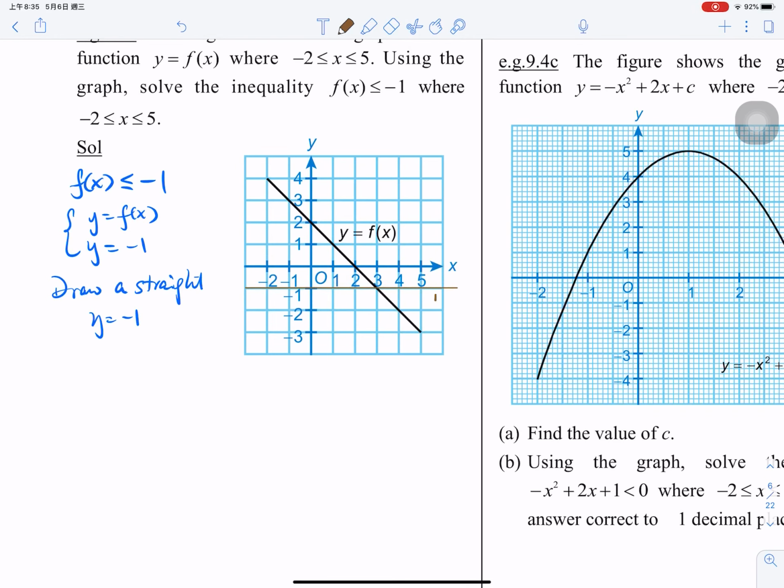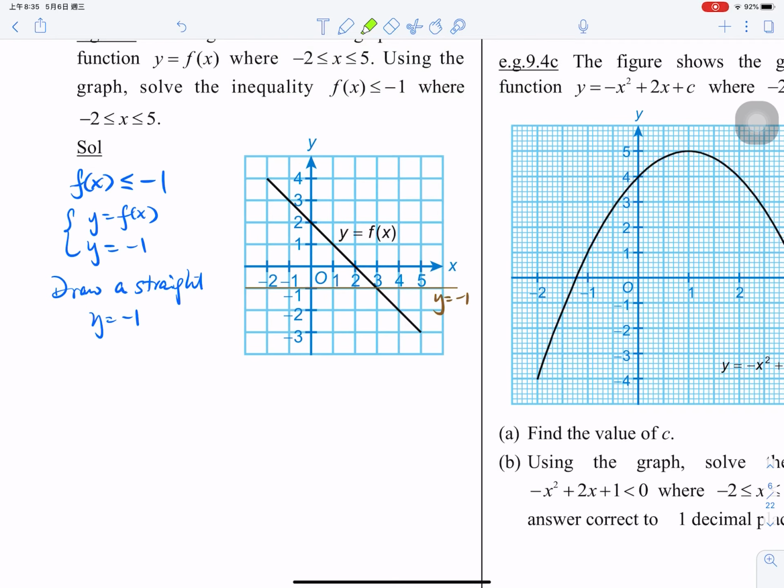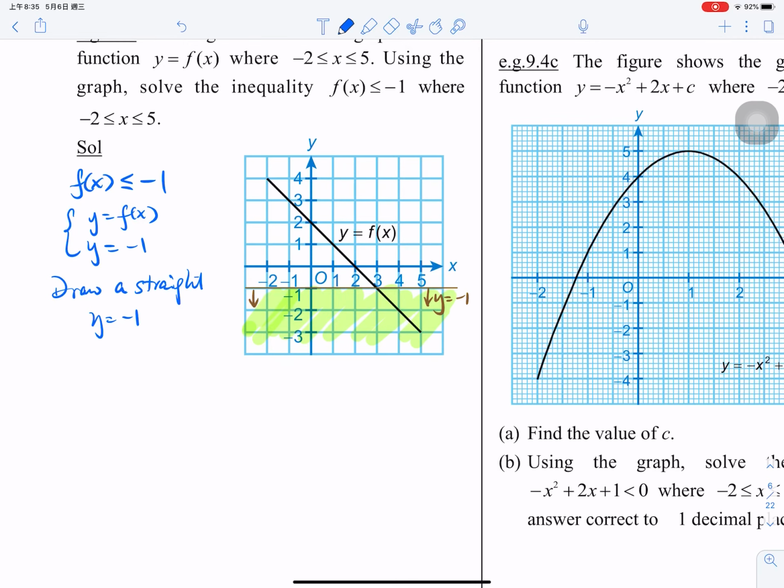Like this. You can think of it as smaller than negative 1, meaning this part. Or you can use the symbol, like in linear programming, smaller than, or equal to.